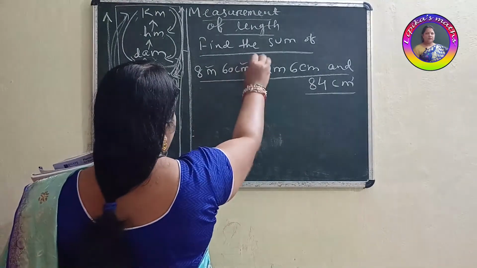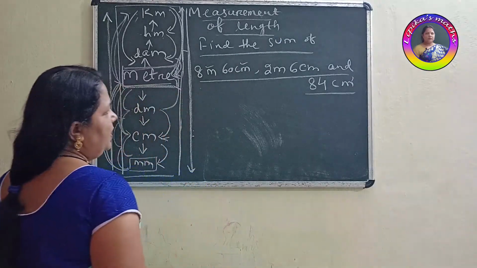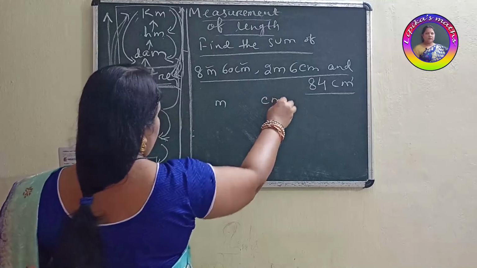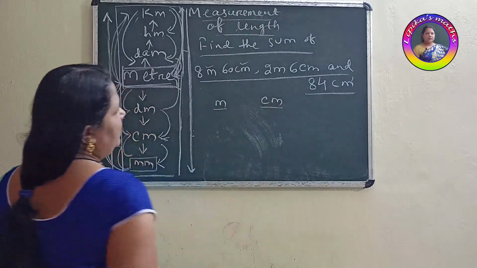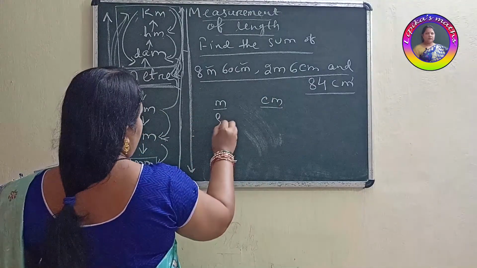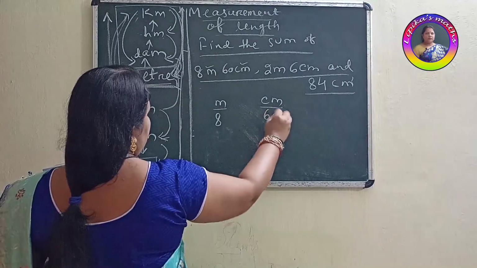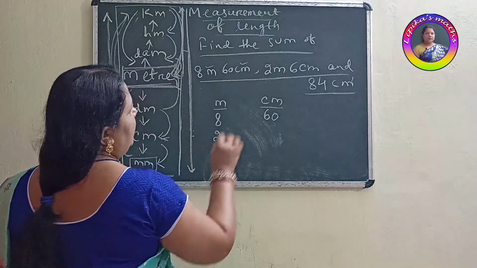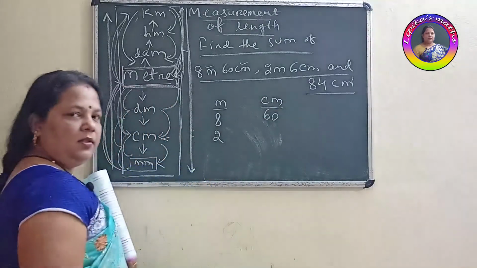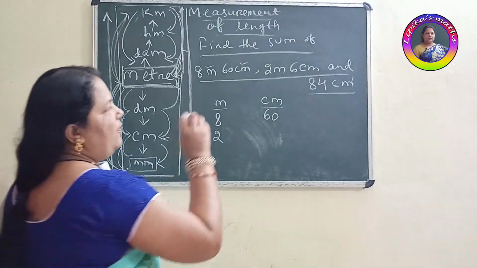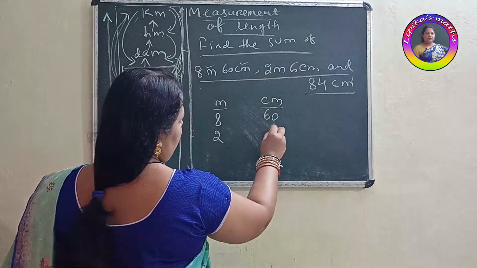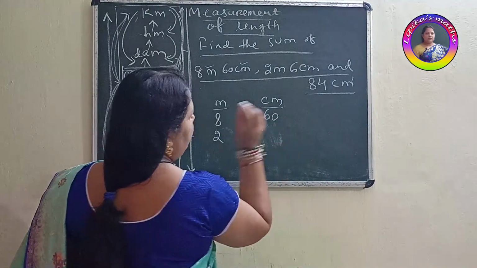So meter, centimeter, both the units are given. So arrange in column. Give the heading meter and centimeter. Here it is given 8 meter 60 centimeter. And next one given 2 meter 6 centimeter. Now the question, where will you write the 6? Either here or here.